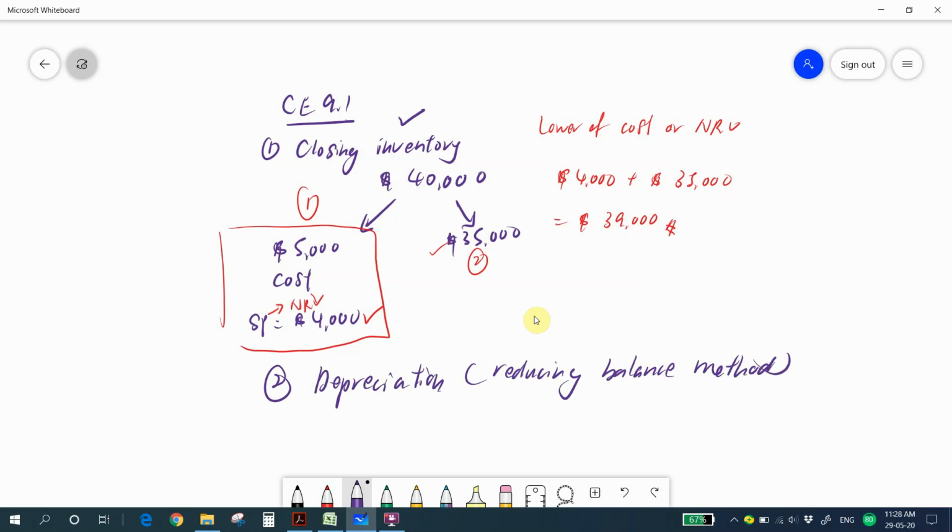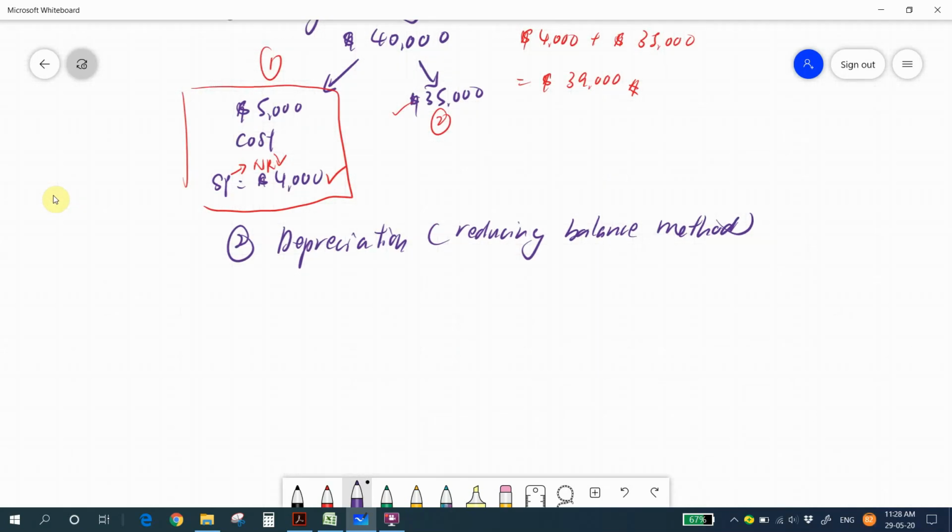The formula for the reducing balance method, we know that is cost minus accumulated depreciation, divided by the useful life.